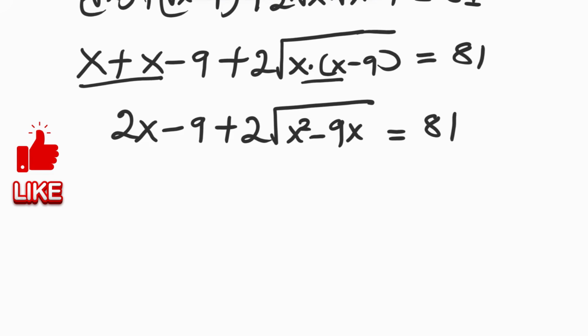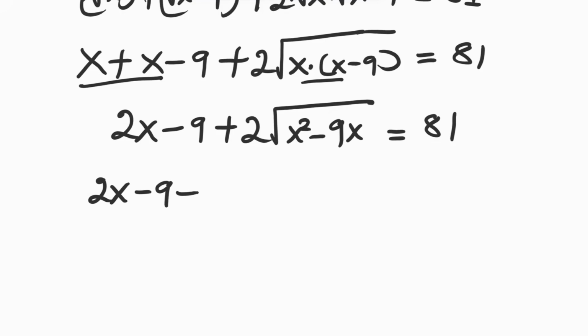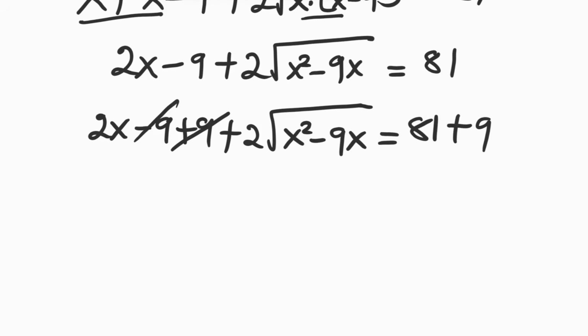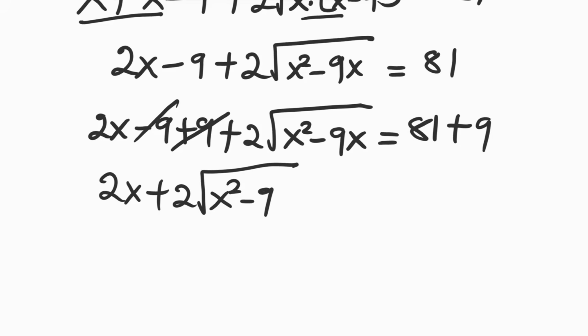Now we can add 9 to both sides, and when we do that, we have 2x minus 9 plus 9 plus 2 into the square root of x squared minus 9x is equal to 81 plus 9. Minus 9 plus positive 9 will cancel out. So we have 2x plus 2 into the square root of x squared minus 9x equals 90. 81 plus 9 will give us 90.